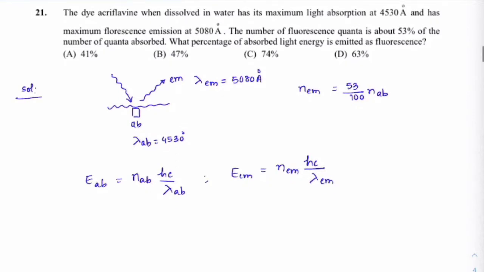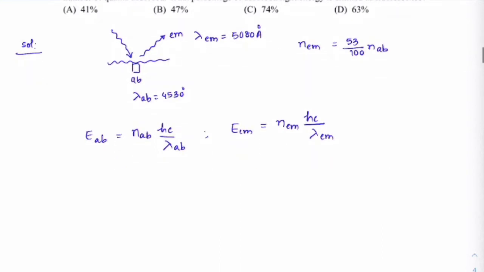Now the question revolves around identifying what percentage of absorbed light is emitted as fluorescence light. In short, we are asked to find E emitted by E absorbed into 100.